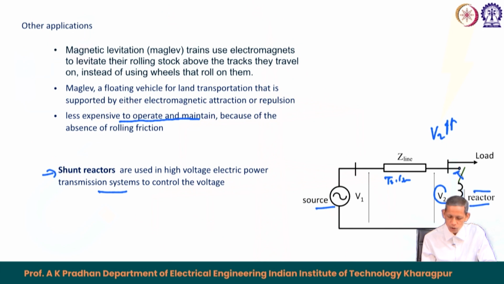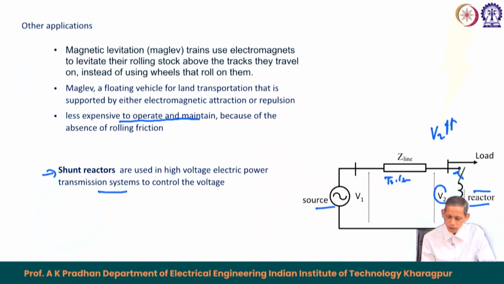The reactor is nothing but a shunt reactor connected in parallel. These are nothing but inductors, iron core reactors connected here. They are generally available in 3 phase systems in high voltage substations.